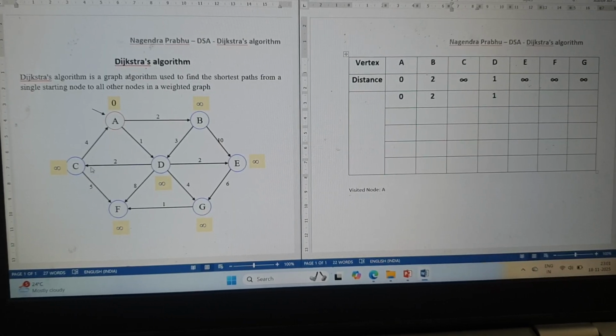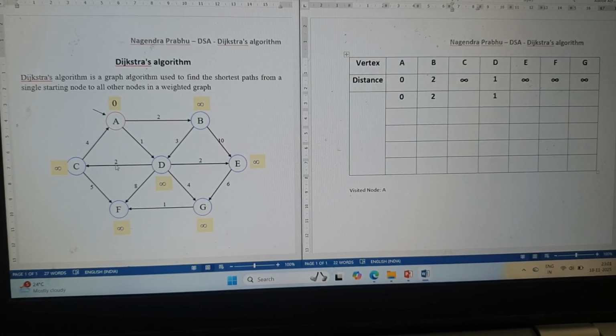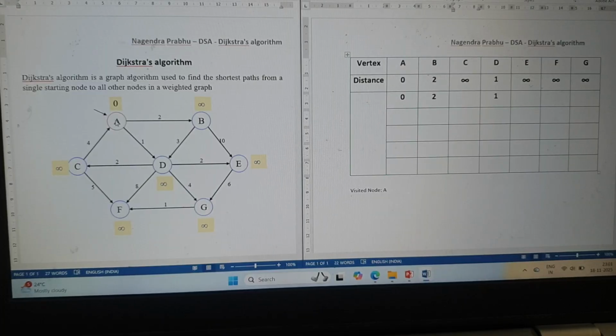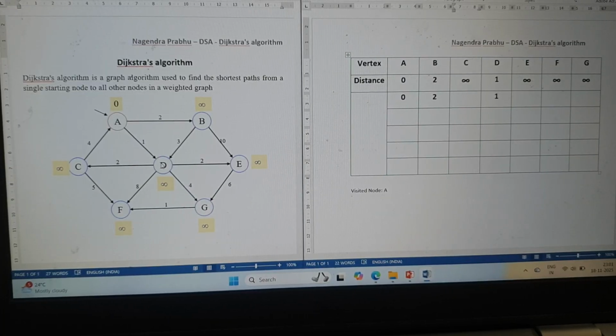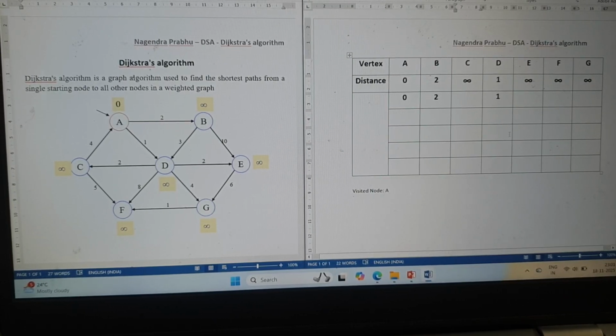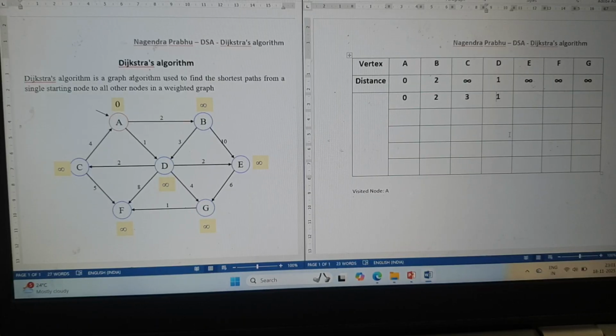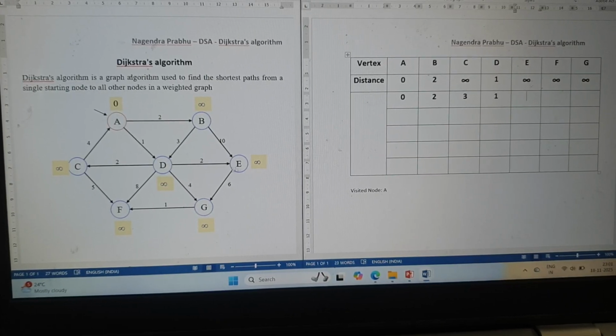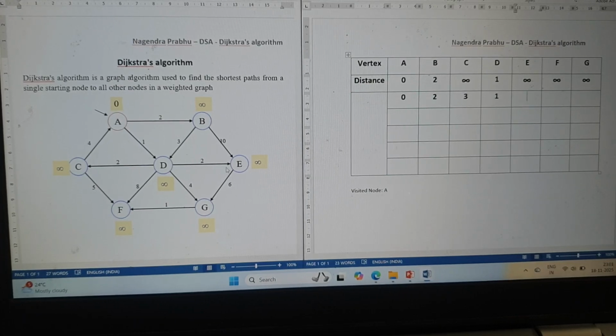D to C, yes, we have a value, it is 2, but our starting point is A, so we need to add A to D plus D to C. A to D distance is 1 and D to C distance is 2, so 1 plus 2 is 3. Now D to E, there is a direct path, the distance is 2.